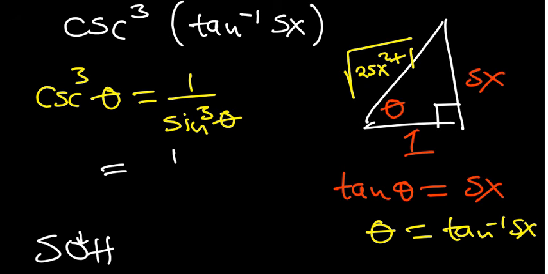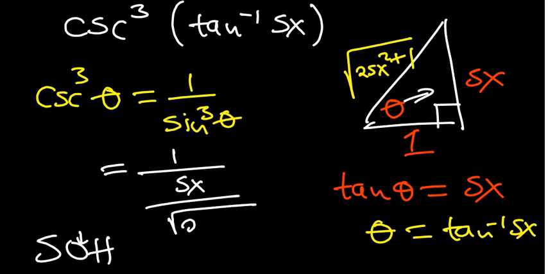So the opposite in this triangle, of that theta, is 5x, and the hypotenuse is the root of 25x squared plus 1.